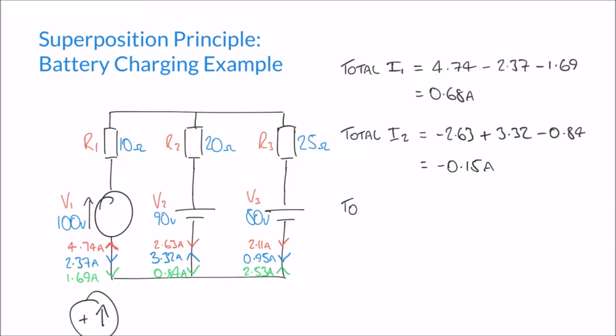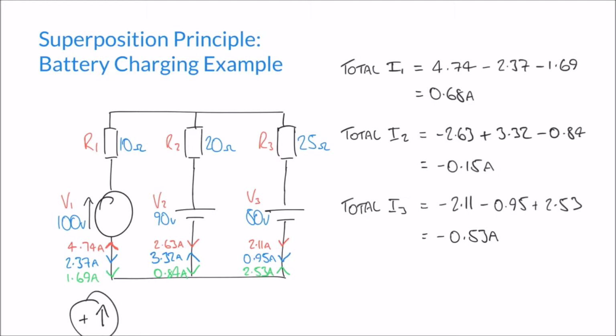Lastly, the total I3 is equal to minus 2.11 because it's going down, minus 0.95, also going down, plus 2.53 going up. And that gives me a total of minus 0.53 amps.